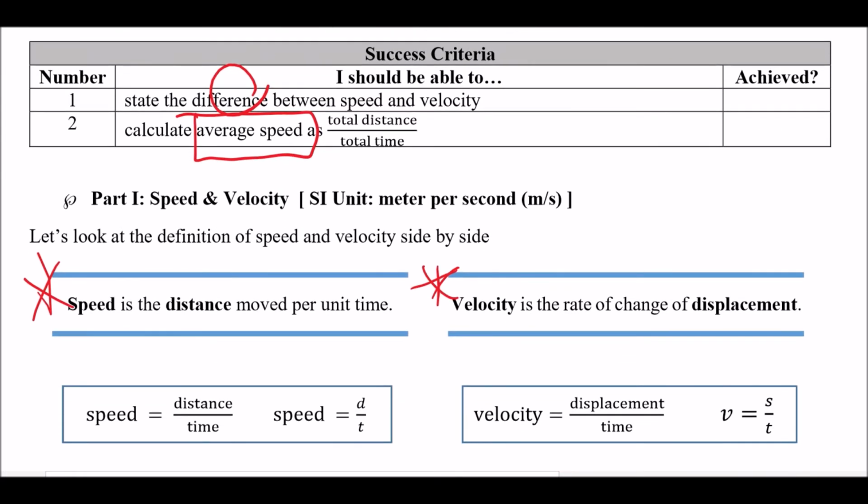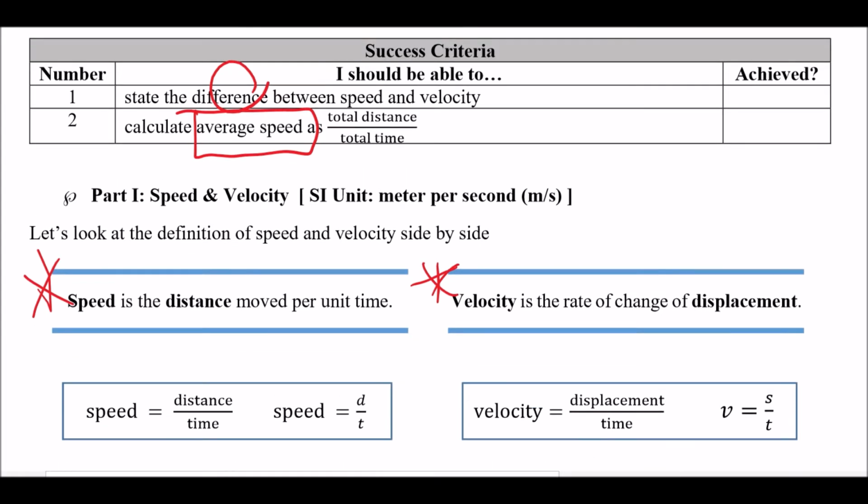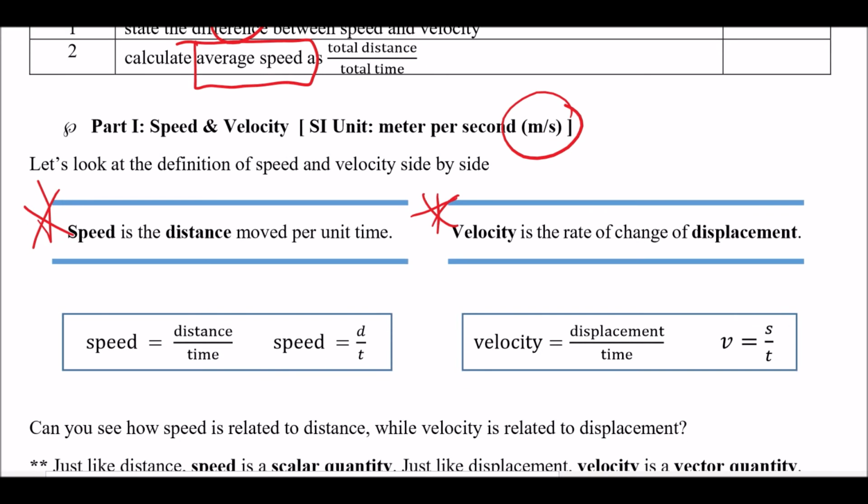Now, speed and velocity are quite similar quantities, so they both carry the same units, meter per second, SI units. Let's look at the two definitions side by side. Speed is the distance moved per unit time, while velocity is the rate of change of displacement. So you can see distance and displacement appear here.